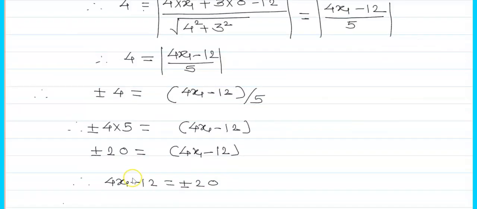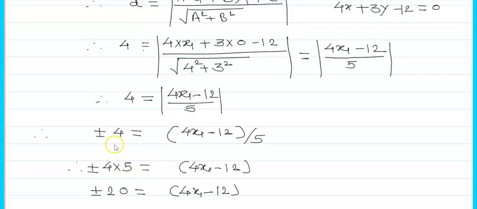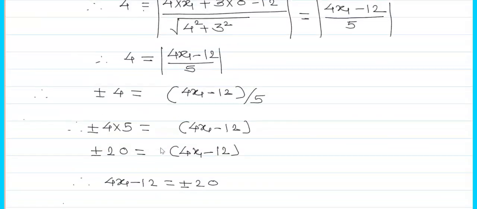Now again if we simplify, we will drop the modulus sign, then plus or minus 4 is equal to 4x1 minus 12 upon 5. And next is 4 into 5, that is you will get here 20. 4x1 minus 12 is equal to plus or minus 4 into 5, that is 20.